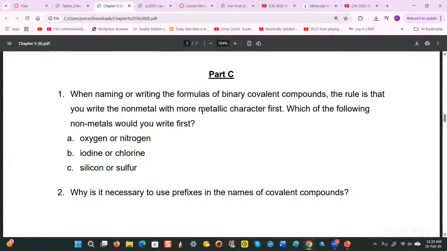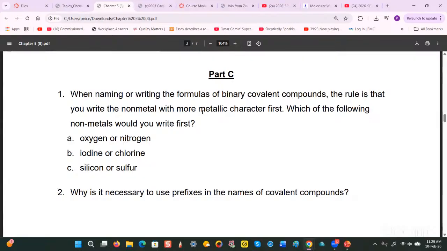would be the one that is more metallic. So for example, if you're given a combination of, let's say, magnesium and selenium, well, no, I'm sorry, nonmetals. Bad example. Let's say you're given nitrogen and oxygen, two nonmetals. Nitrogen would be mentioned first, followed by oxygen, because nitrogen is to the left of oxygen.